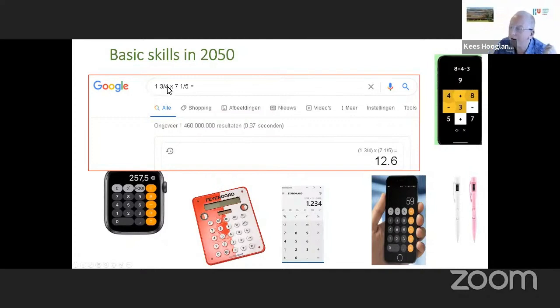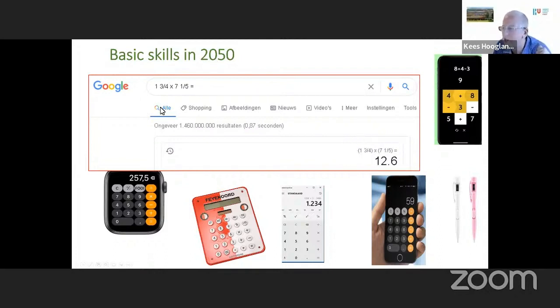And even if you type in Google everything you want to know, 6 times 8, or much more complicated things, even if you want to multiply fractions, it is quite amazing. If you type in Google 1 space 3/4 space x, not multiplication sign, but x, space 7, then Google knows you probably want to multiply fractions.